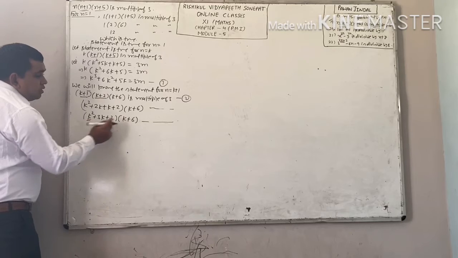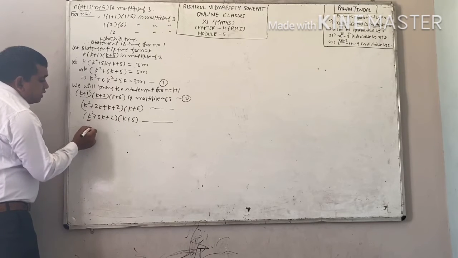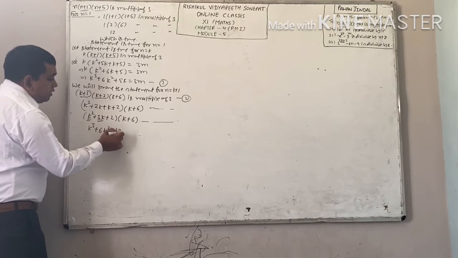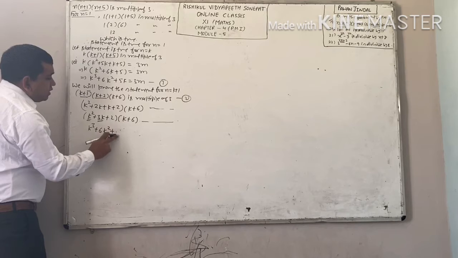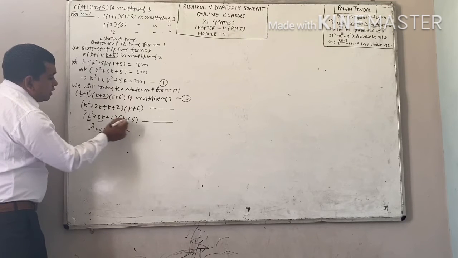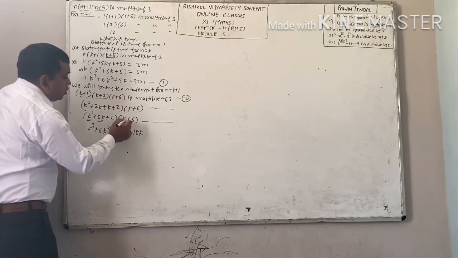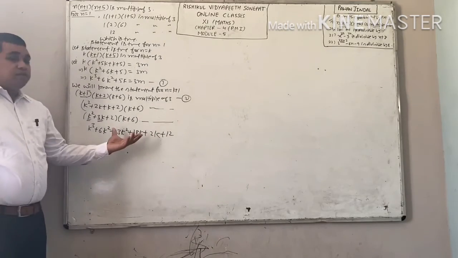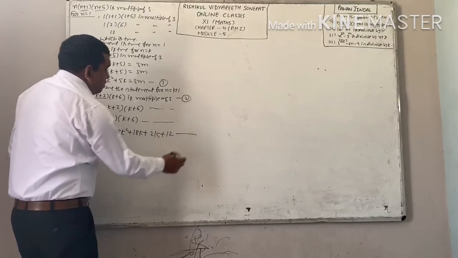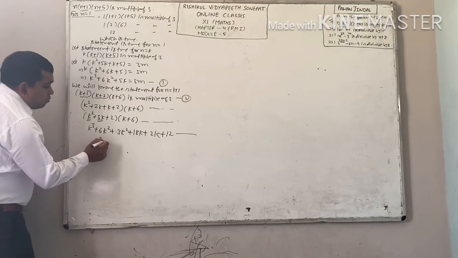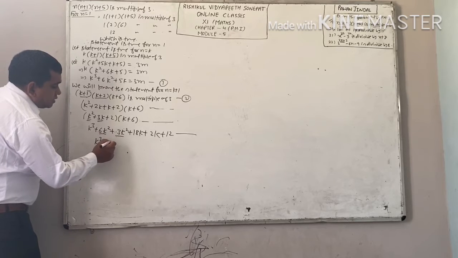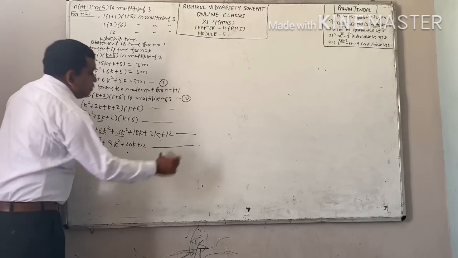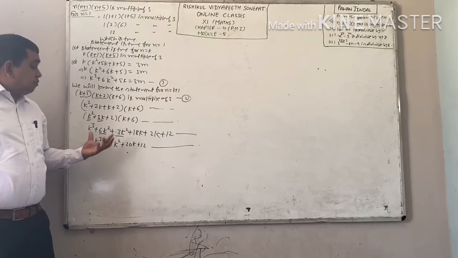Now multiplying these two brackets also, k square inside you will get k cube plus 6k square, 3k into k, 3k square, 3k into 6, 18k, 2 into k, 2k, 2 into 6, 12. I am considering this one and we will prove this is multiple of 3. This is k cube plus 6k square plus 3k square, 9k square plus 20k plus 12 is multiple of 3. Now how will you prove this multiple of 3?